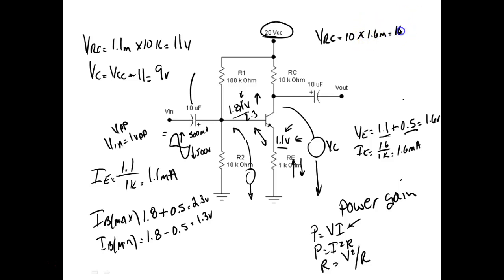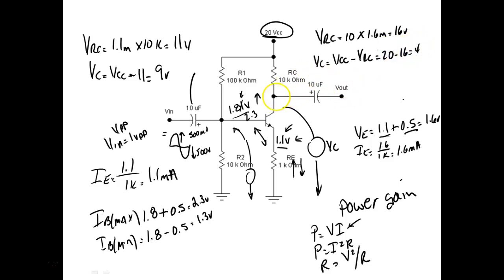So it's going to drop 16 volts. That means VC is going to drop down. So VC is equal to VCC minus VRC. So my VC is going to be equal to 20 minus 16. So it's going to drop down to 4 volts.